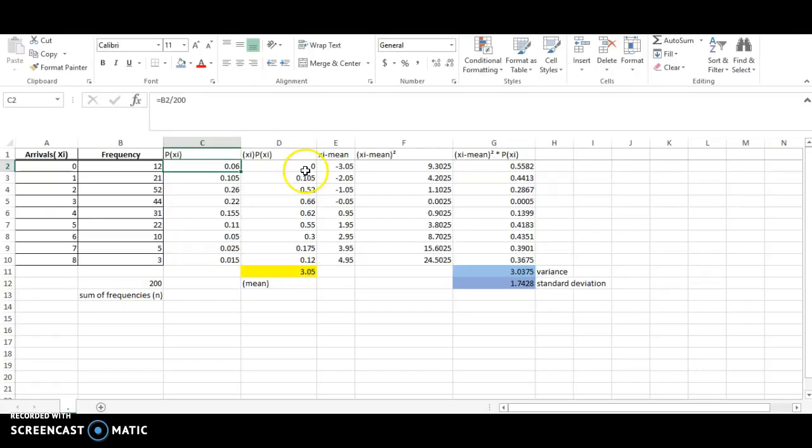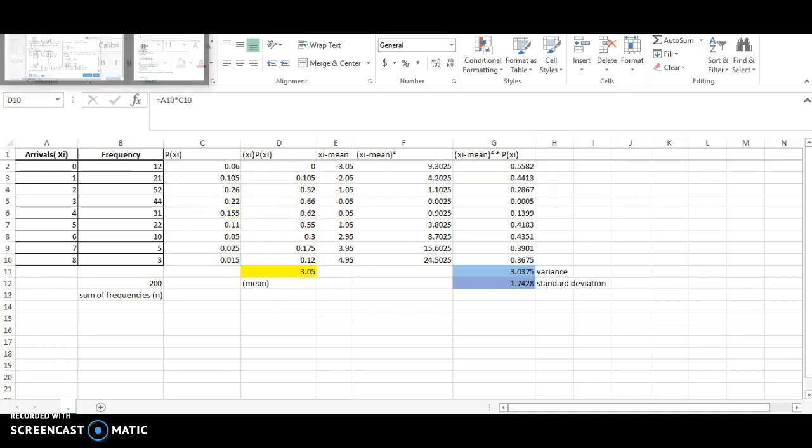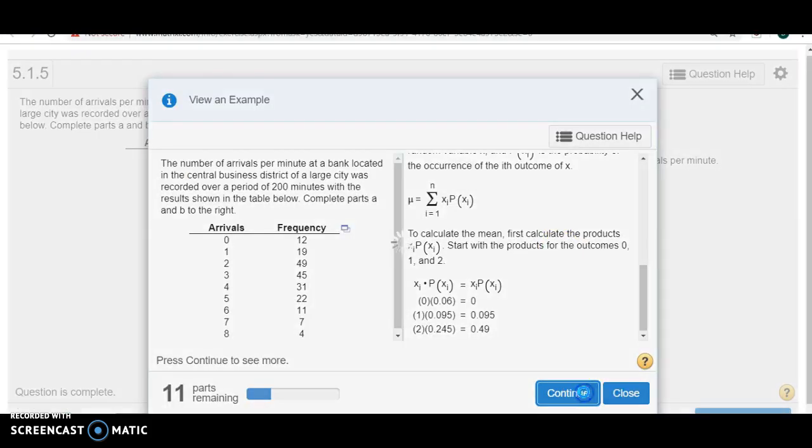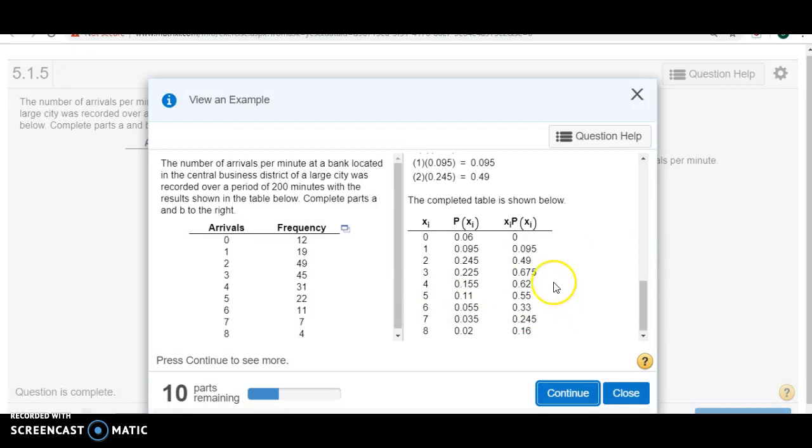Here xi is 0 and p(xi) is 0.06, so the formula is this column times this column, and you do that for each row until all of the information is filled.